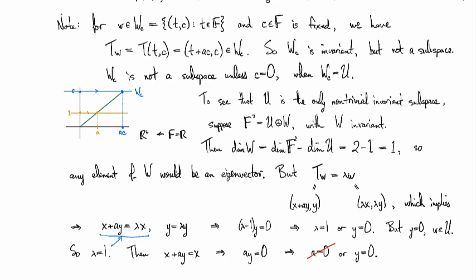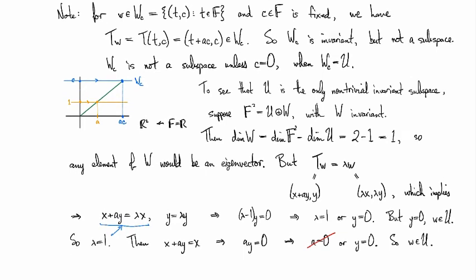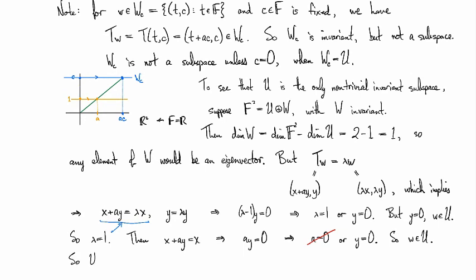So then W turns out to be back in U in any case. And so the moral of this story is that U is the only invariant subspace for this example.